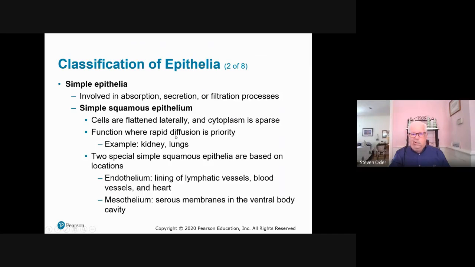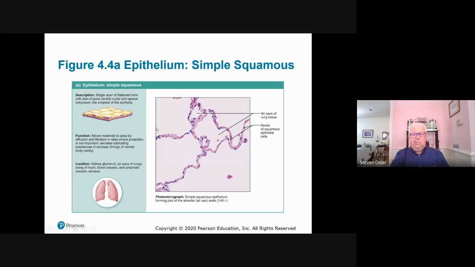And that rapid diffusion is carbon dioxide and oxygen in your lungs and water and electrolytes in your kidneys. So when you have rapid diffusion, you need simple squamous epithelium, one layer of flat cells. Here it is. One layer of flat cells in the kidneys and in the lungs.